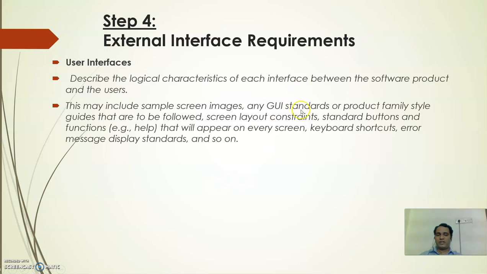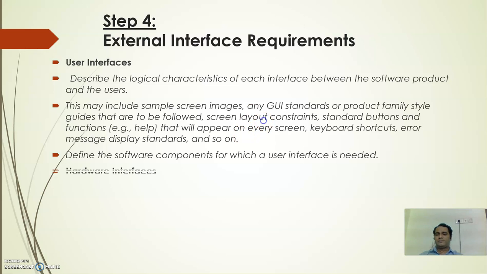Screen layout constraints, standard buttons and functions, like for example a help button, that will appear on every screen, you have to mention here. Keyboard shortcuts, error message display standards and so on have to be specified here. See how detailed the information would be in an SRS document, try to appreciate it. Define the software components for which a user interface is needed.